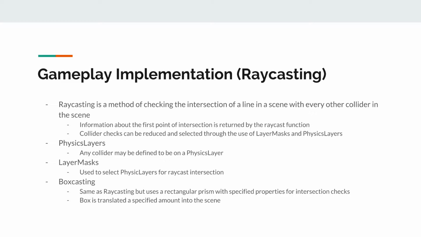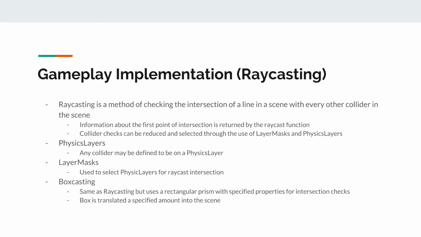Collider checks can be reduced and selected through layer masks and physics layers, which are very useful in selecting different categories of objects that you want to intersect with.